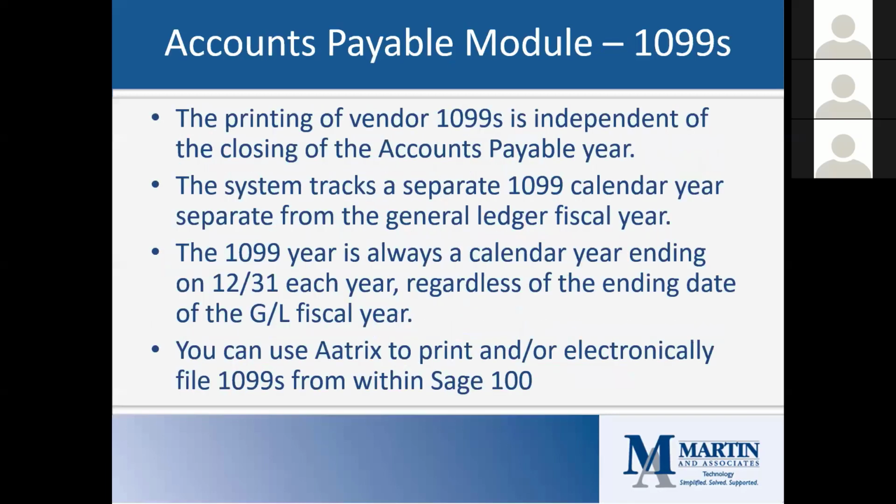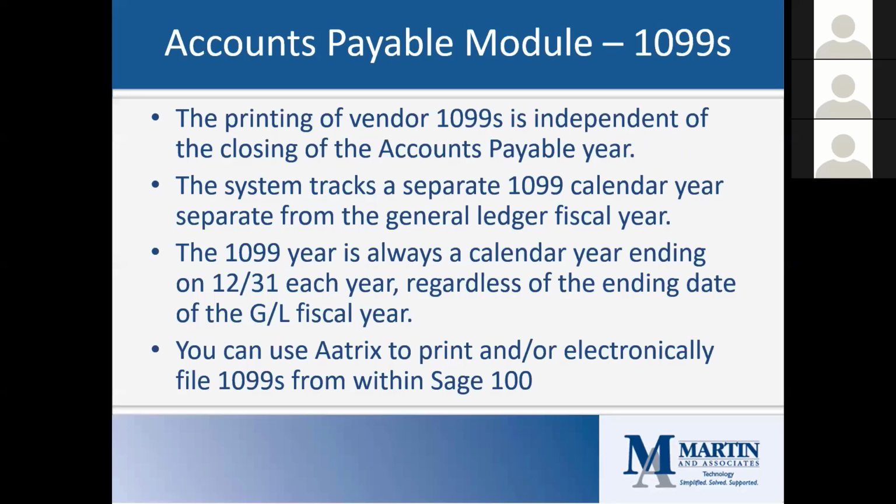So, accounts payable module 1099s. The printing of your vendor 1099s is actually independent of the closing of the accounts payable module. Okay. The system tracks a separate 1099 calendar year, which is separate from the general ledger fiscal year, because you might not be a 12/31 end, but 1099s always go off 12/31.